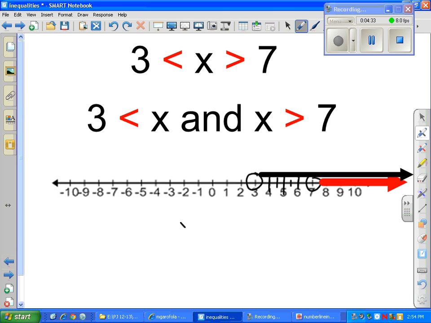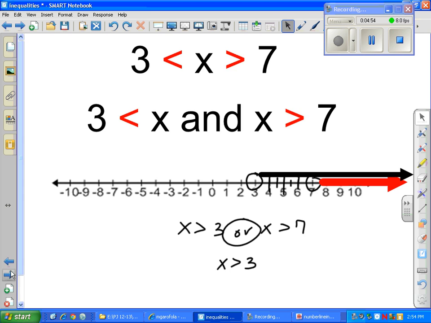Same thing with this one. We could say that x is greater than 3 or x is greater than 7. But notice, when we say x is greater than 3, that black shading is going to cover up all the other numbers. So we would just say this is all the numbers greater than 3. So for these last two, you would have to use a union to connect them.